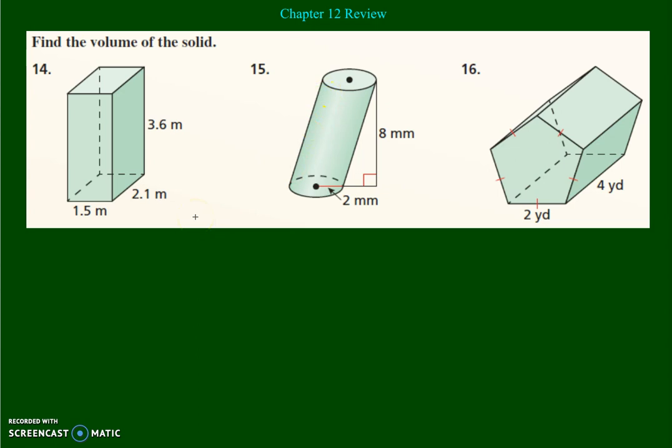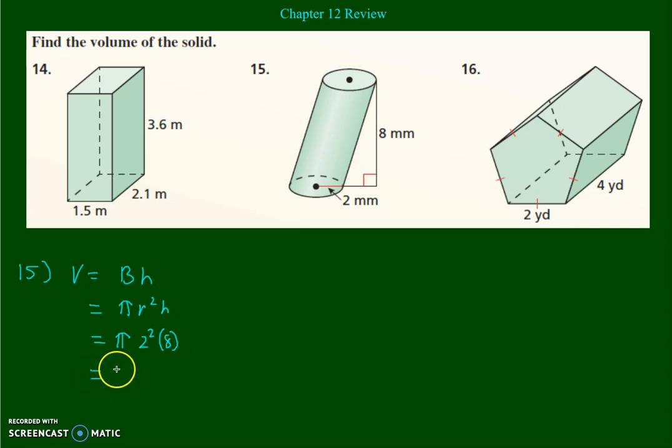So to find that volume, it's just the volume formula of a cylinder. 15: volume equals area of the base times height. Just that simple, which is pi r squared h, which is pi, r is 2 squared, h is 8.